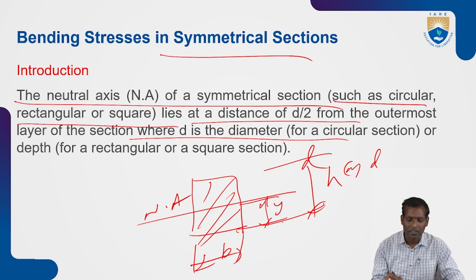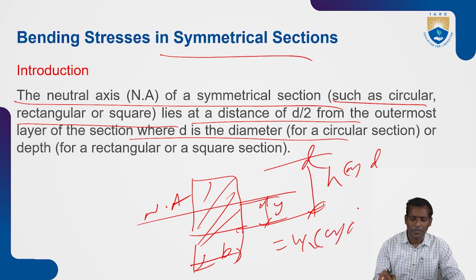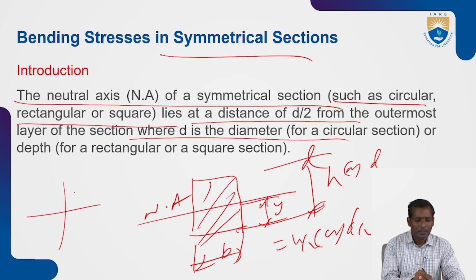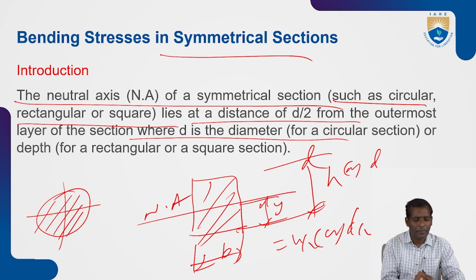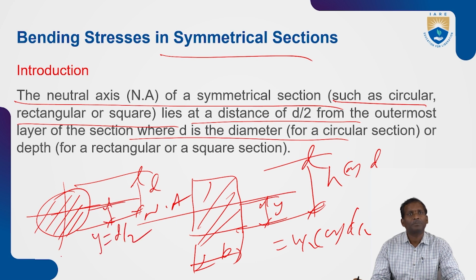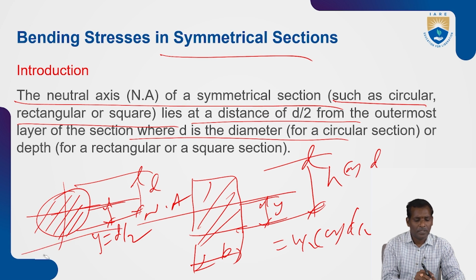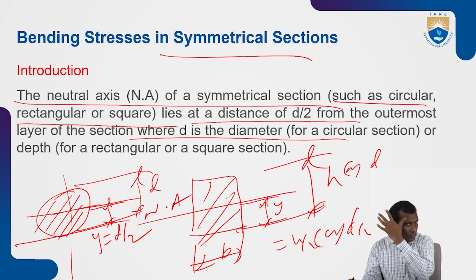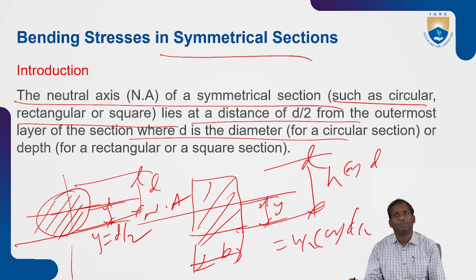So it means that y is h by 2 or d by 2 for a rectangular or a square section. For a circular section, the diameter is d, so y is equal to d by 2. So the distance is half of its diameter.